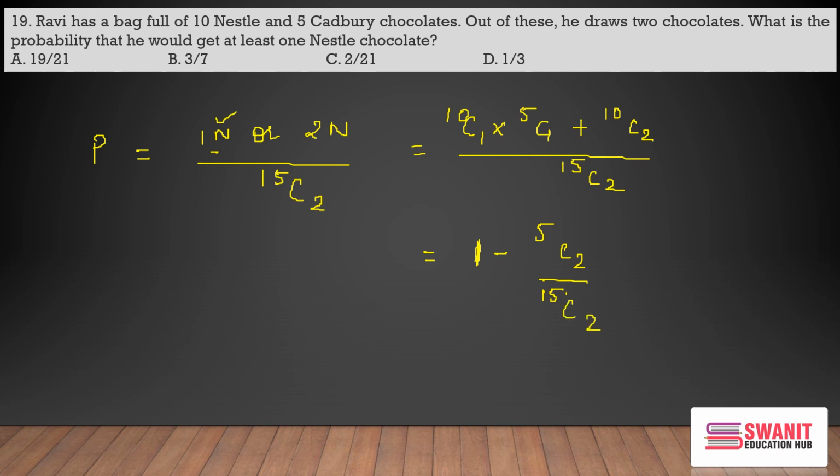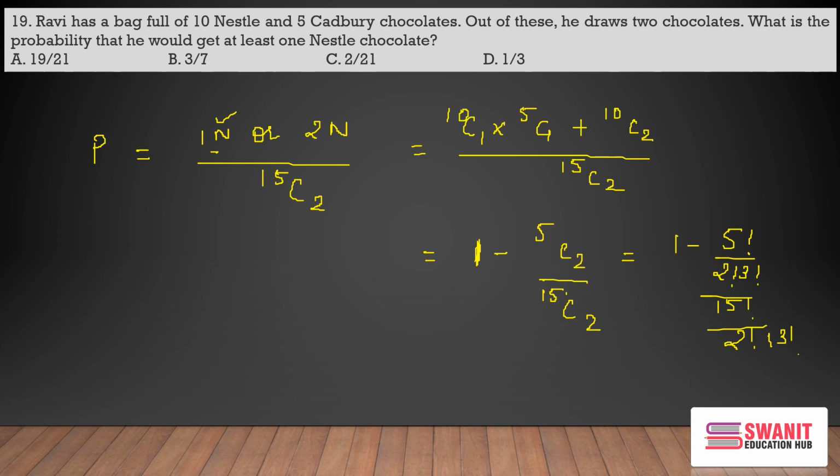So having both the Cadbury chocolates is from 5. So it's 5C2. So when we calculate it further, 1 minus nCr, the formula for nCr is 5 factorial divided by 2 factorial, 3 factorial, divided by 15 factorial divided by 2 factorial and 13 factorial.